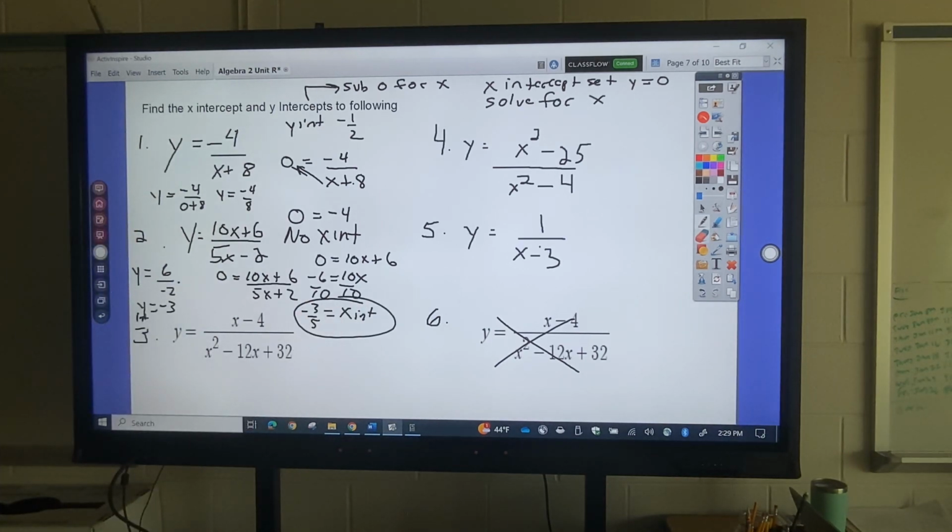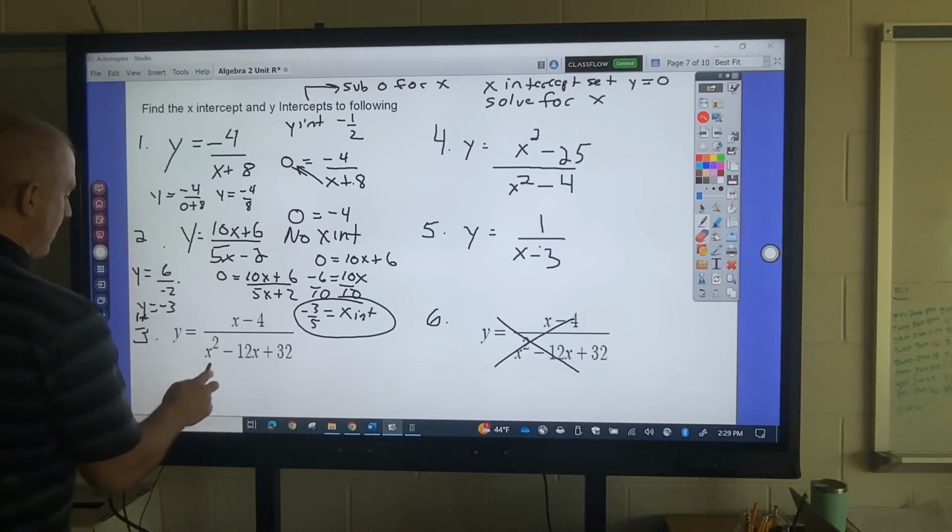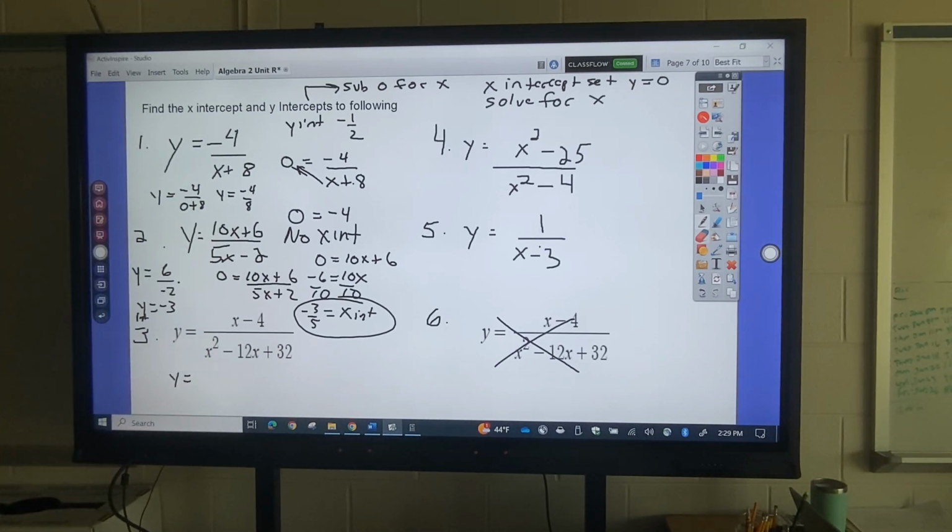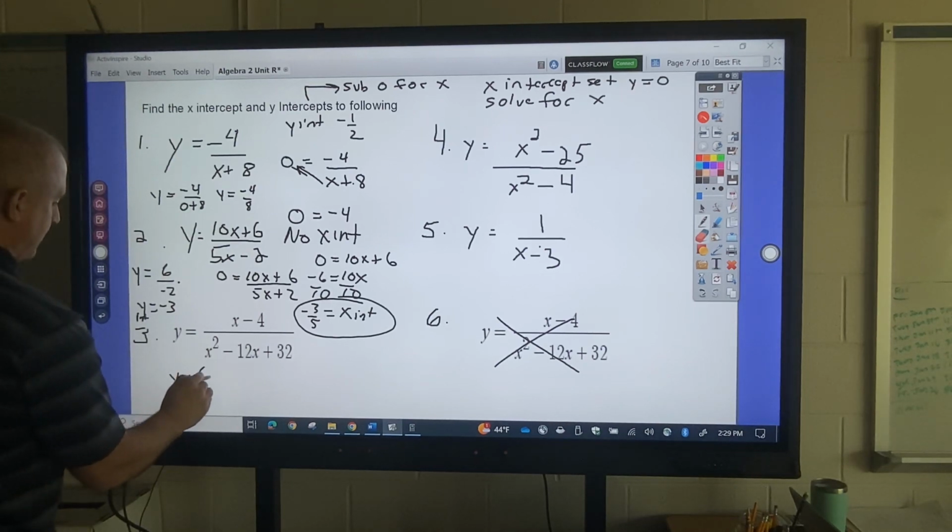Now, if you ever have to factor something, you can actually find the y-intercept pretty easy. Well, let's go ahead and eliminate this.